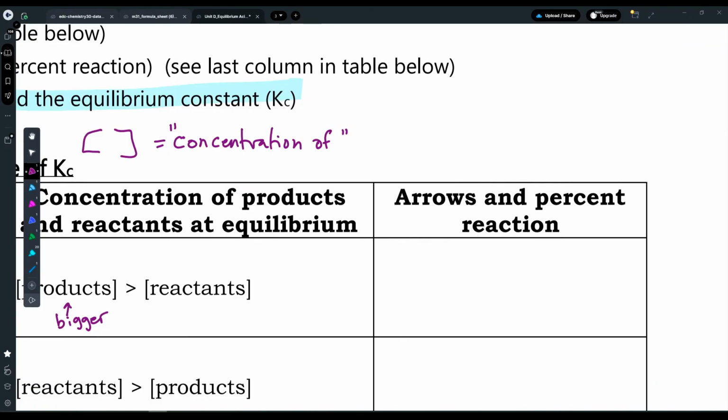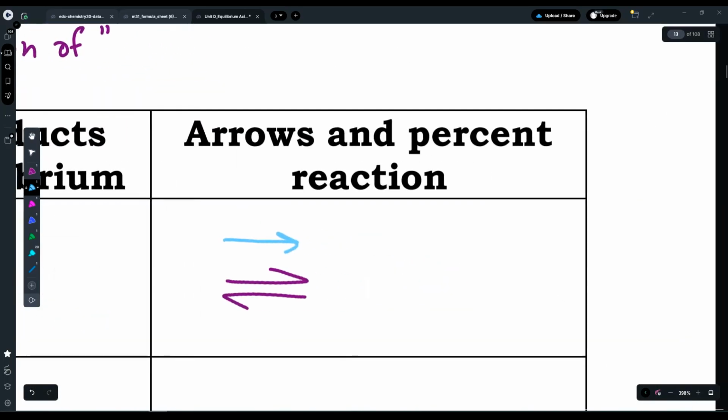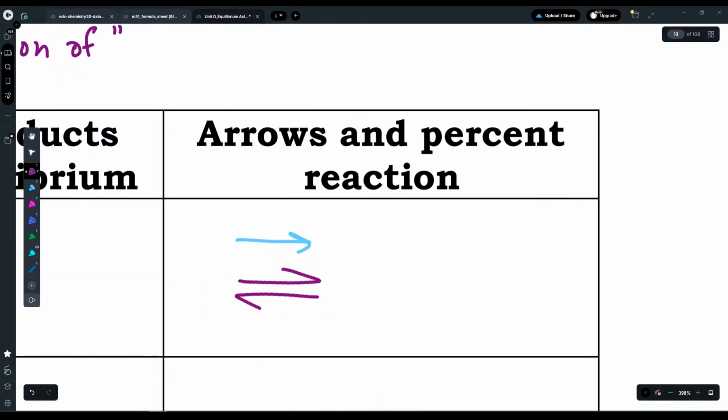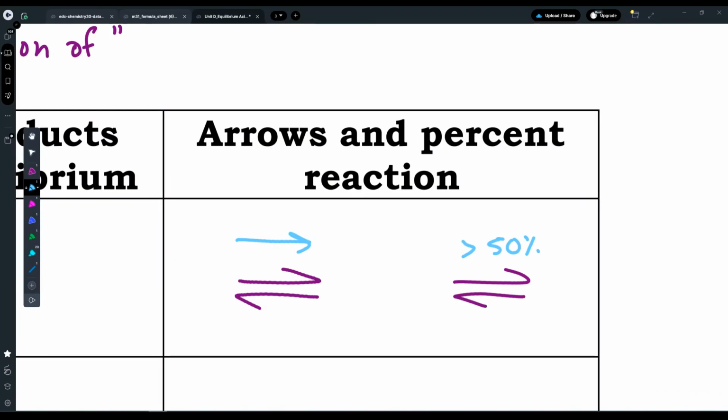How we would represent that with arrows is we'd go like this, but to represent that the forward reaction is favored, if we're only using arrows, we would add another arrow going like this. But typically the more common way to see this communicated is by seeing this: greater than 50%.